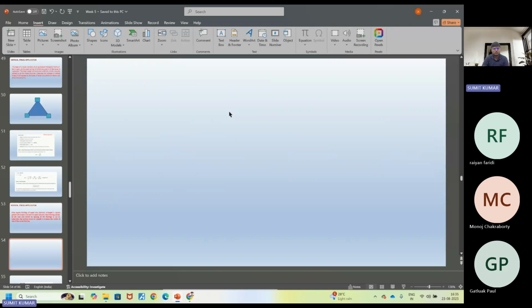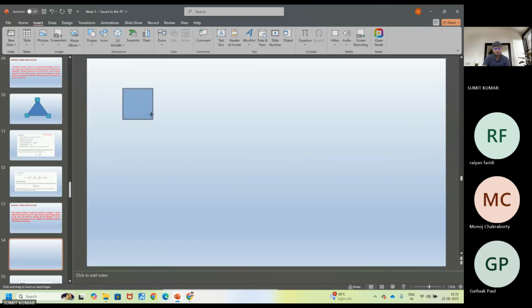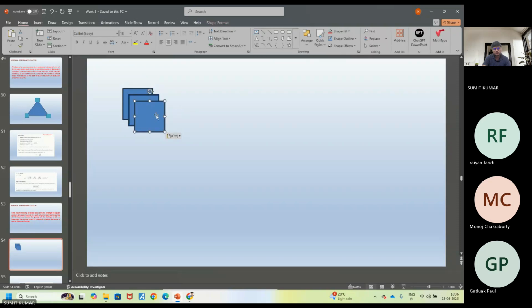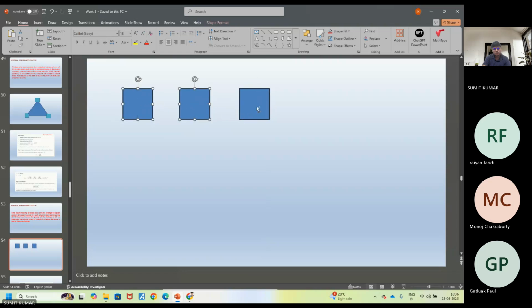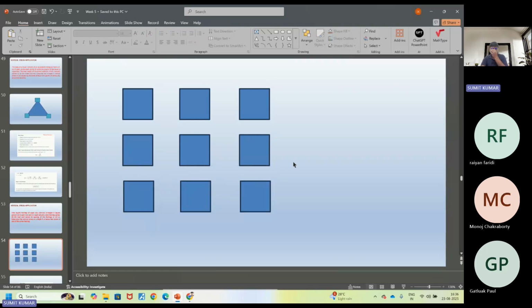3 rows, 3 columns. Okay, so something like that.